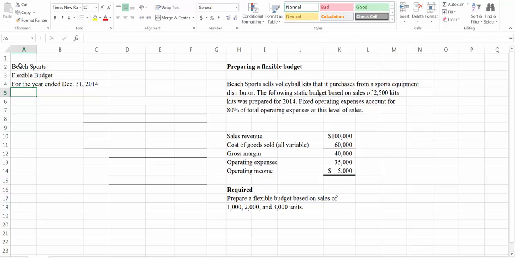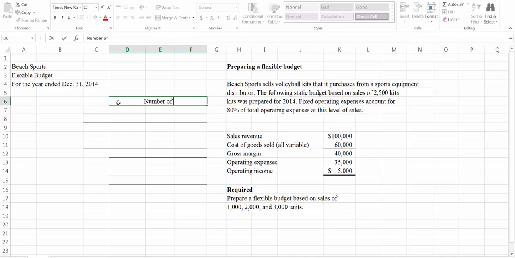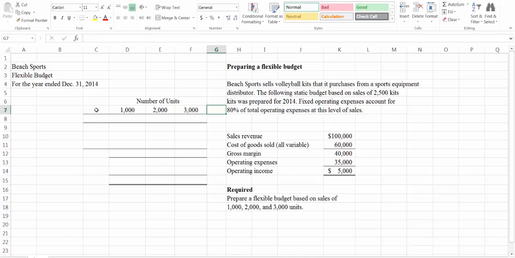Okay. So across the top here, we're going to put the number of units, and we'll have 1,000, 2,000, and 3,000. Here we're going to have per unit amounts.